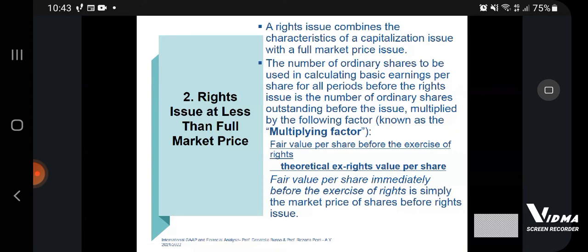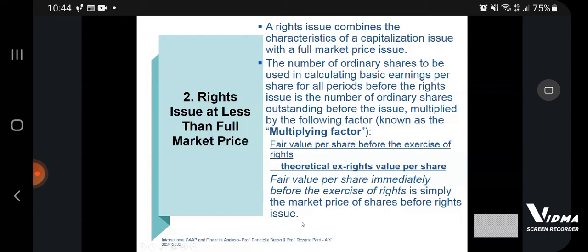I mean, the fair value per share before the exercise of rights, with simple words, market price of shares before the rights issue. This is something that you can easily derive from the market and is given as data in the exercise. In this exercise, I think it's 25 cents, the market price before the rights issue, if I'm not wrong. But what about the theoretical X rights value?